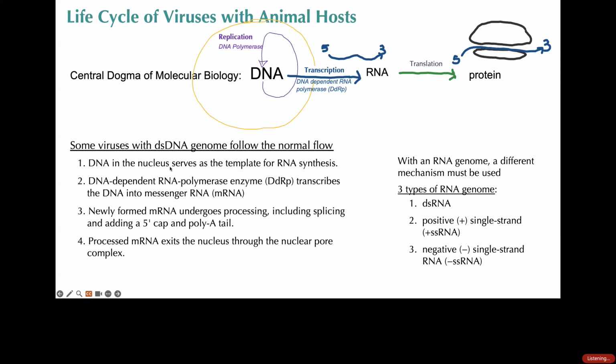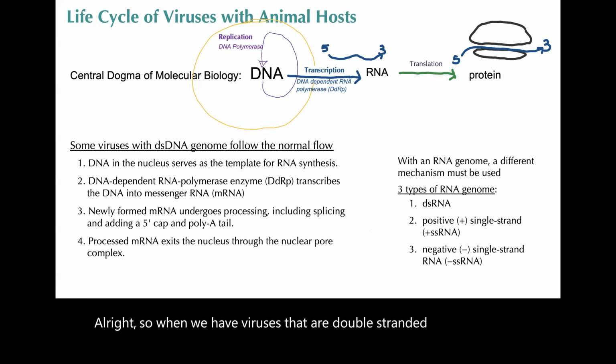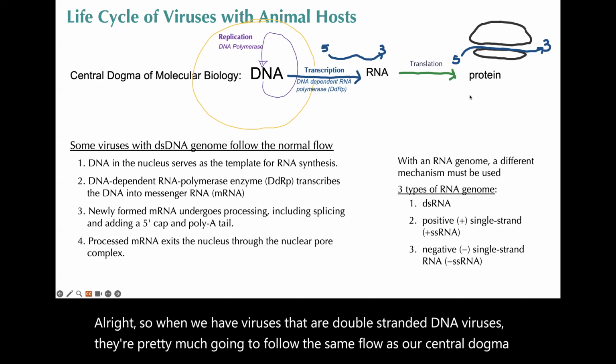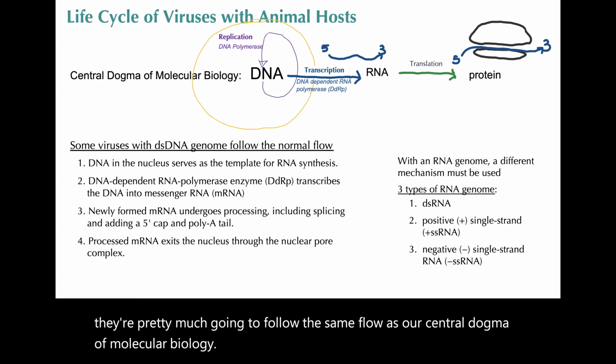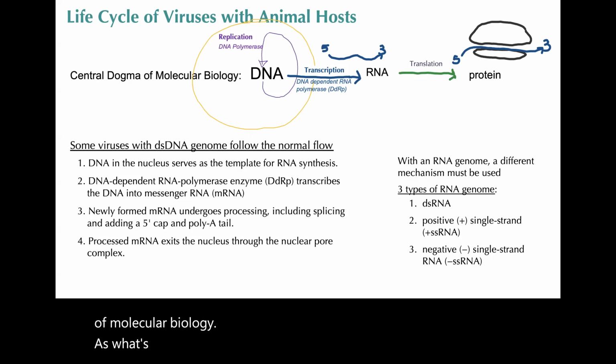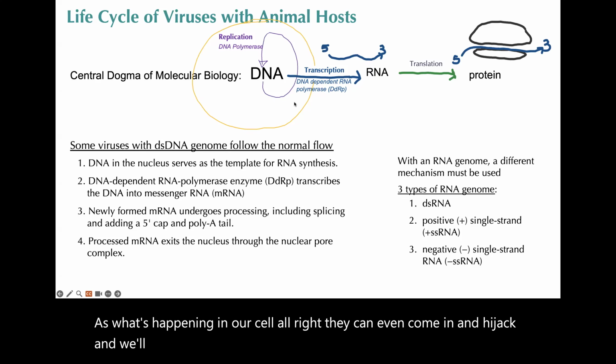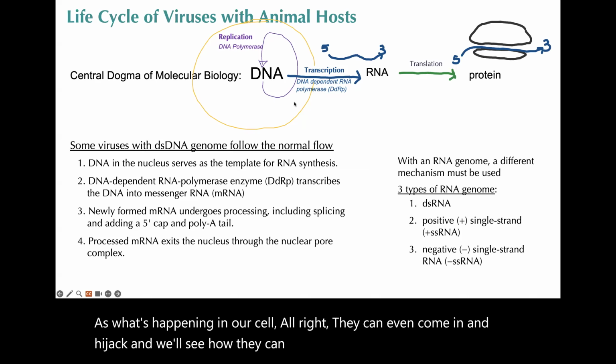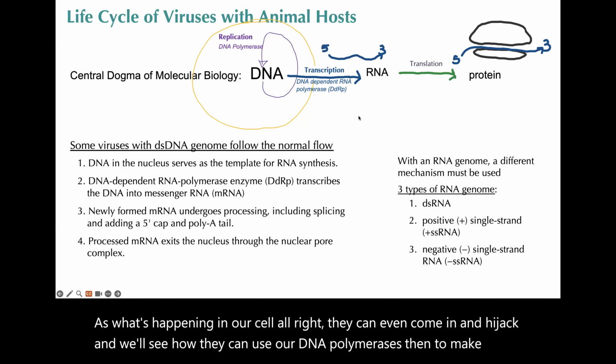All right. So when we have viruses that are double-stranded DNA viruses, they're pretty much going to follow the same flow as our central dogma of molecular biology as what's happening in our cell. They can even come in and hijack, and we'll see how they can use our DNA polymerases to make their DNA.